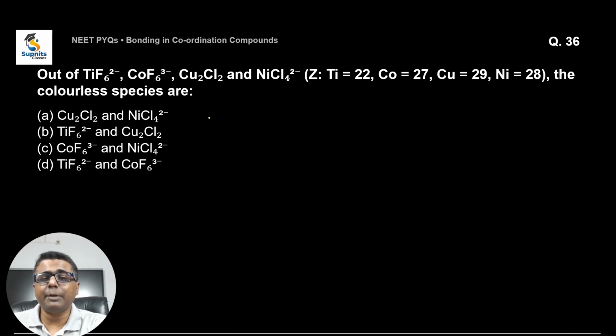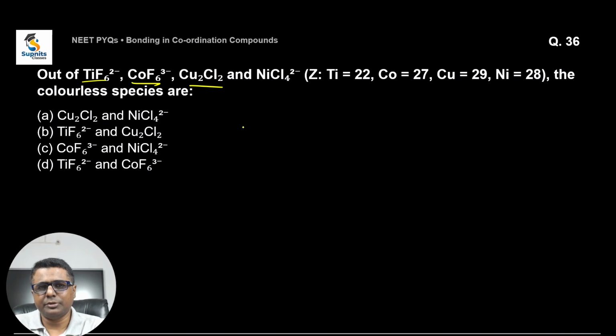I do have whether they have unpaired electrons or not. If something has unpaired electrons, it has a probability of being colored; one with no unpaired electrons has a lower probability of being colored. This is general, not valid for everyone. So we will just check whether each is colored or not.